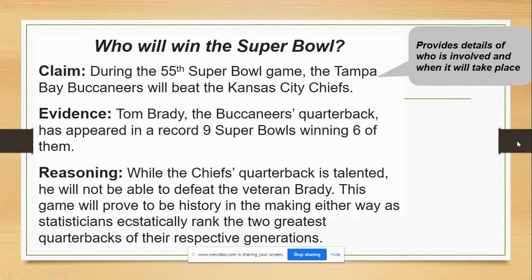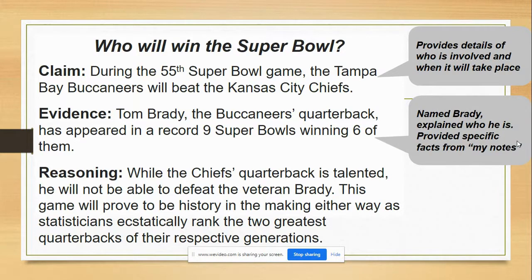Strengths in this claim. There's enough background information so that we know who, what, when, all those details. We also name everything formally, capitalizing the proper nouns and not abbreviating Buccaneers to Bucks. Okay.